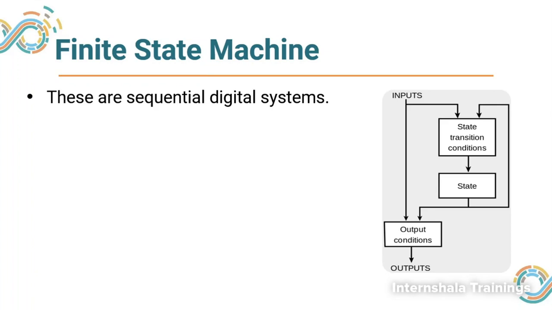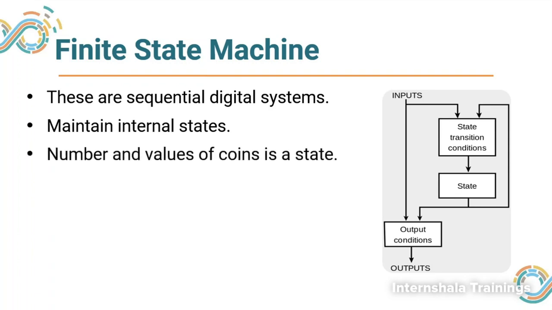They are getting inputs from two different points. One is the input which the user is giving, and another one is the feedback from the state coming back to the state transition condition. That means there is a memory involved. Here we maintain these state values.